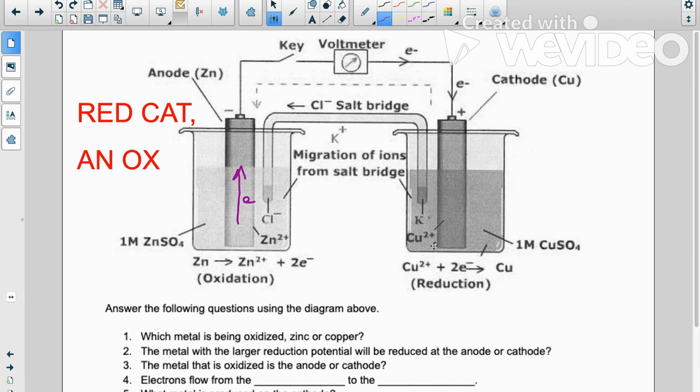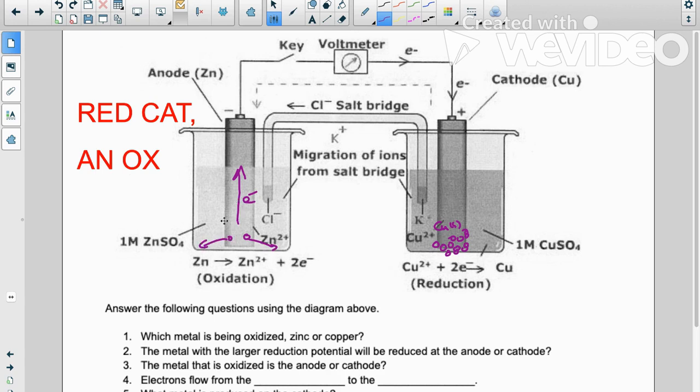And at the surface of the cathode, the copper is getting reduced. The copper ions turn into copper solid. And so this cathode gets larger and larger as time goes by, and this zinc electrode gets smaller and smaller as time goes by, because all of these zinc ions are going into solution.